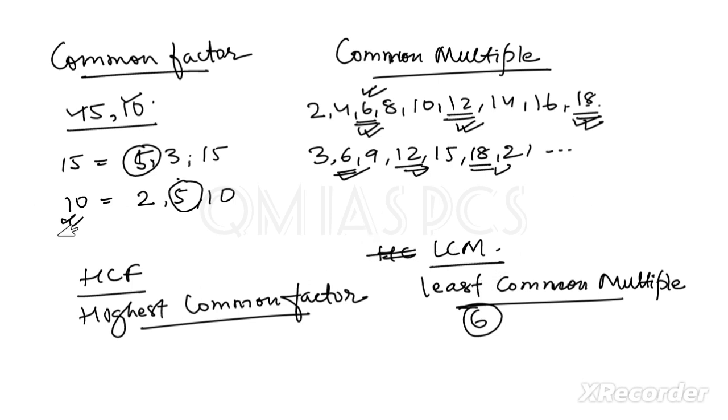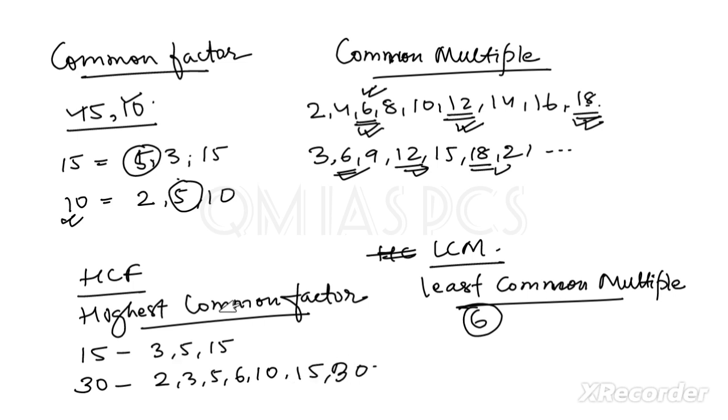For HCF I am giving one more example. Like if I say here is 15 and let's say 30. For 15 the factors will be 3, 5 and 15. For 30 it will be 2, 3, 5, 6, then 10, 15 and 30.